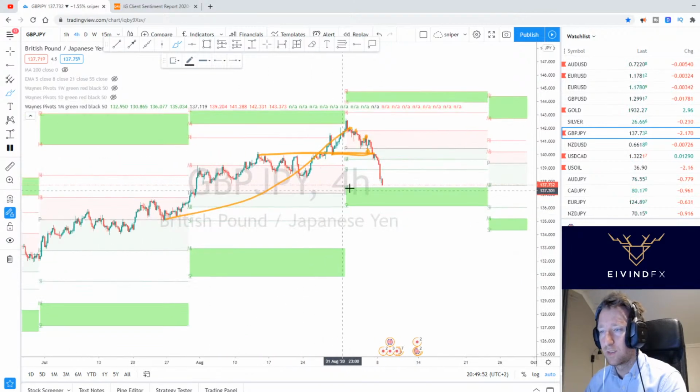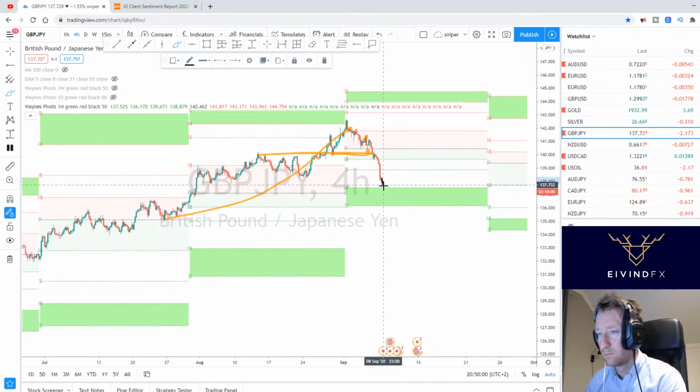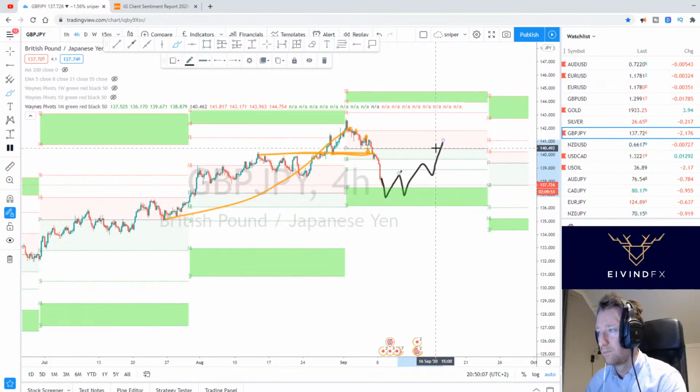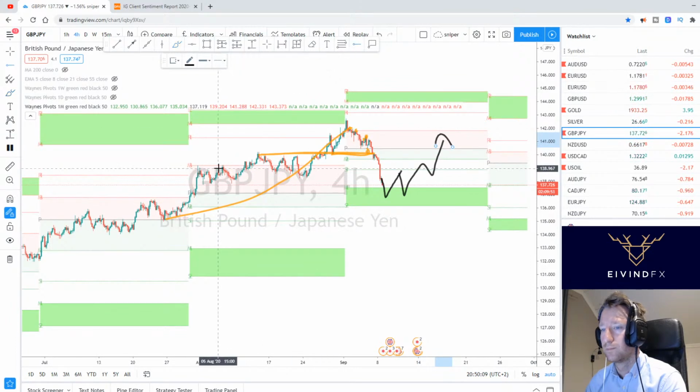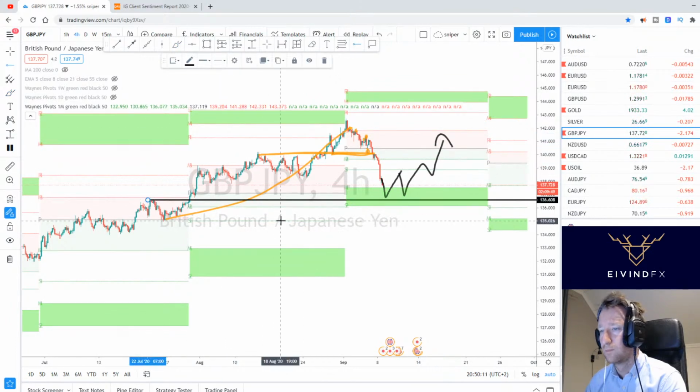Depending on the close of this candle, this is what I'm looking for. 136.60.